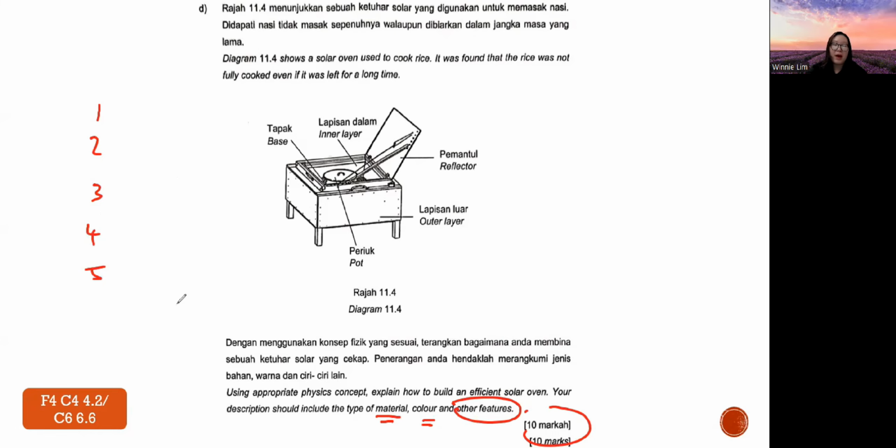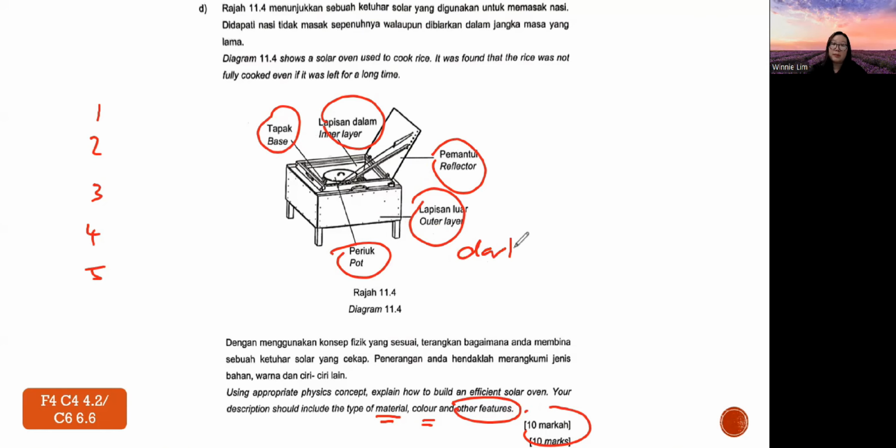Now, how can you find more ideas since the question is limited, right? Sometimes they might tell you what to modify, like 5 points or 6 points. You see the labelled parts. These labelled parts are the things that you can use to modify. Okay, for example, the outer layer. What color do you think it is? Dark. Why?